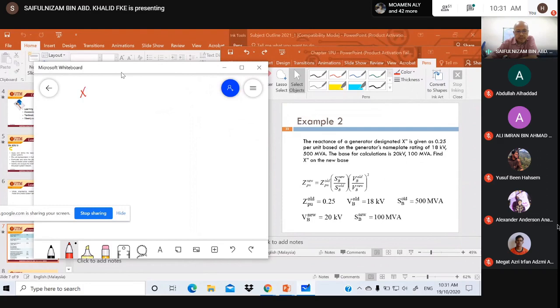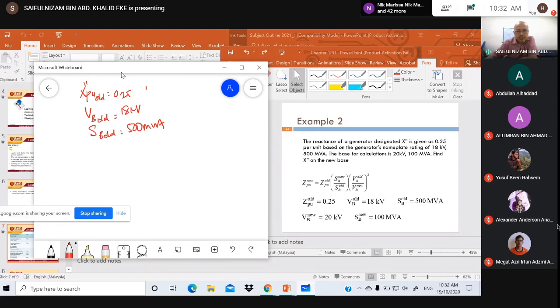So you have X PU old. What's S PU old? 0.25. And then you have V base old, 18 kV, and S base old, 500 MVA.